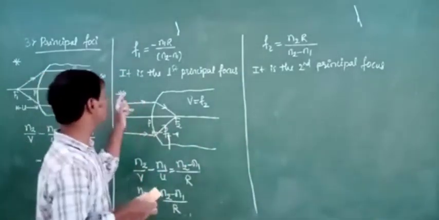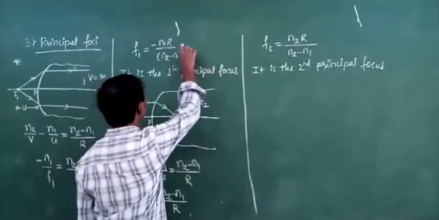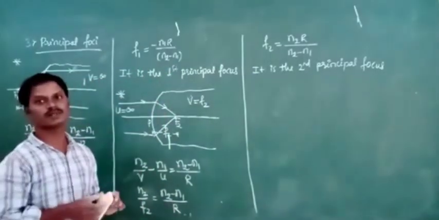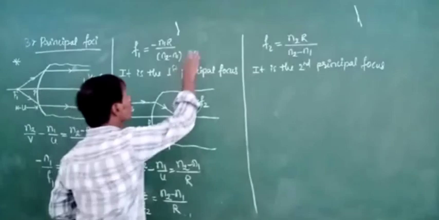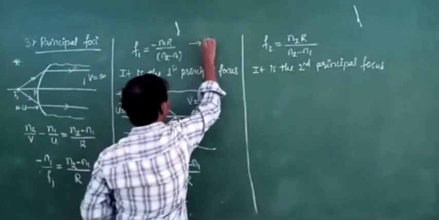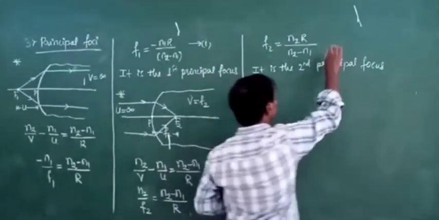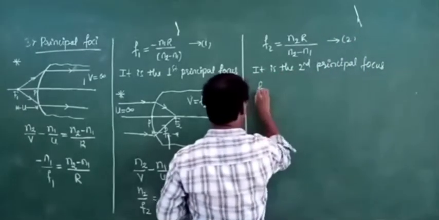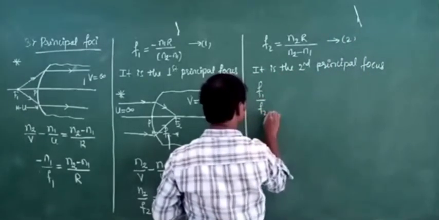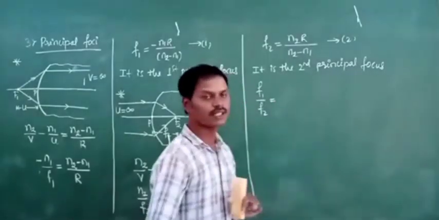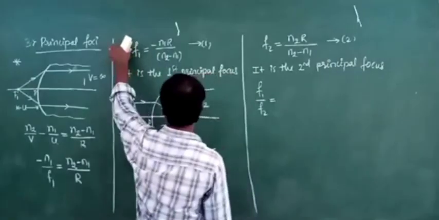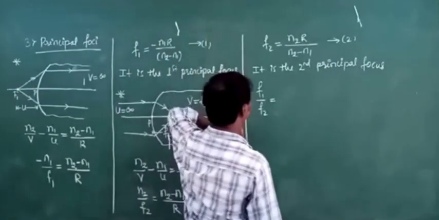By taking the ratios of the first principal focus and the second principal focus, what will we get? I will take this as equation 1 and this as equation 2. By taking the ratios, f1 by f2 is equal to the ratio of the left hand side to the ratio of the right hand side.